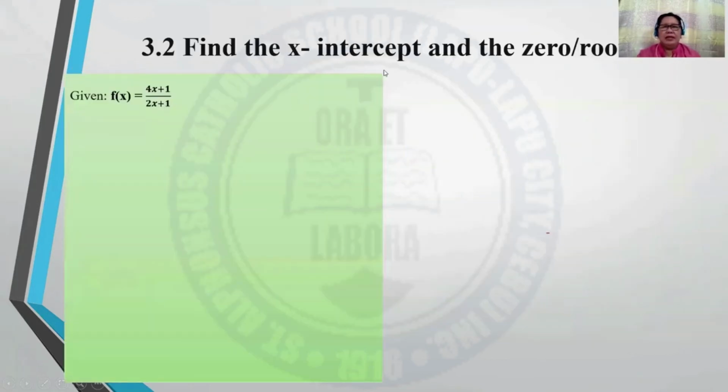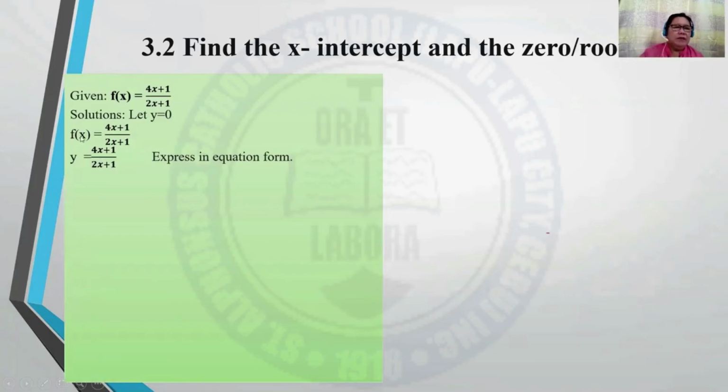Next, find the x-intercept and the zero or the root. Given the same rational function, by this time you have to let y is equal to 0. Change f of x into y. Then change y into 0. Then cross multiply.